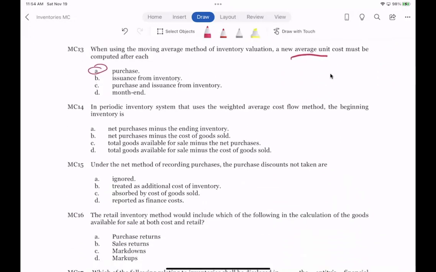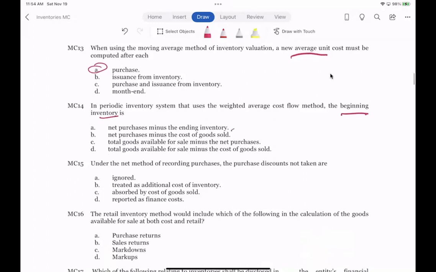In a periodic inventory system that uses the weighted average cost flow method, the beginning inventory is net purchases minus the ending inventory, no? So your usual formula, even with the use of the periodic or the perpetual, is that beginning inventory add purchases. That gives you goods available for sale. Deduct ending inventory. That gives you cost of goods sold.